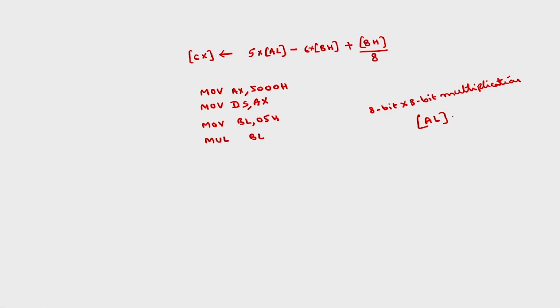Here I have taken register BL. The result is stored in AX. So I have taken this 5 into BL, AL already has some data, and I have multiplied with BL. Now in AX, 5 into AL will be there.